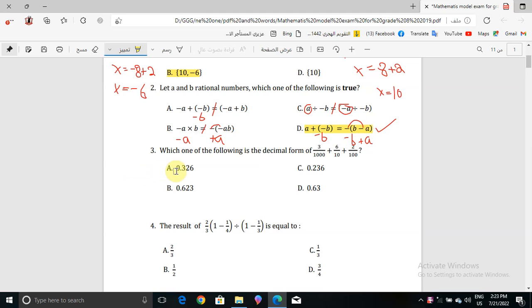Now in question number 3, which one of the following is the decimal form of 3 over 1000 plus 6 over 10 plus 2 over 100? Now let's convert it to decimal to bring the answer in decimal.